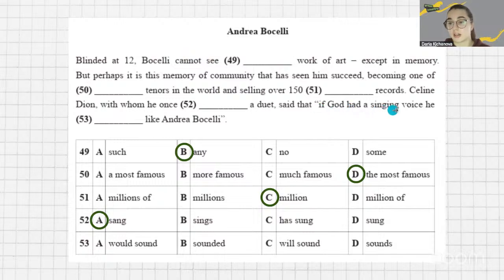If God had a singing voice, he... if it is had, we need to understand it is second conditional, and there we need to have would sound. So to use it in second conditional correctly. Okay, as I can see in the chat, you answered correctly.